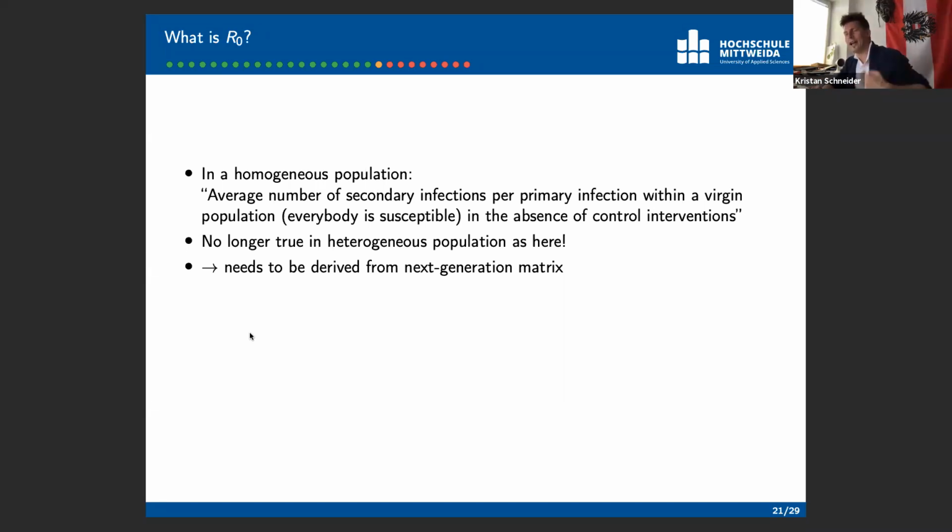So not every individual will have the same average number of secondary infections. In such a model, R0 needs to be calculated in a rather complicated procedure, from the so-called next generation matrix. It's not as difficult as it seems, but you need to be extra careful. You cannot just model it naively.